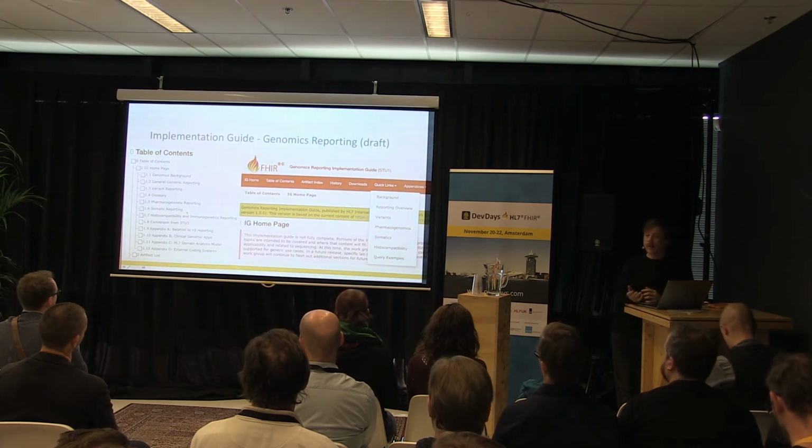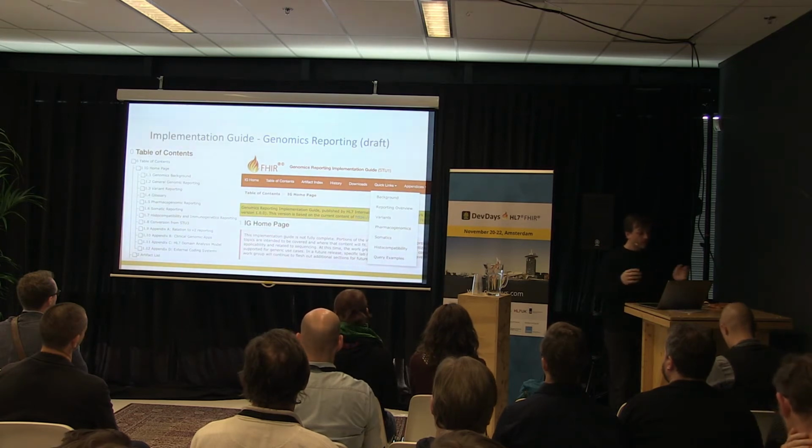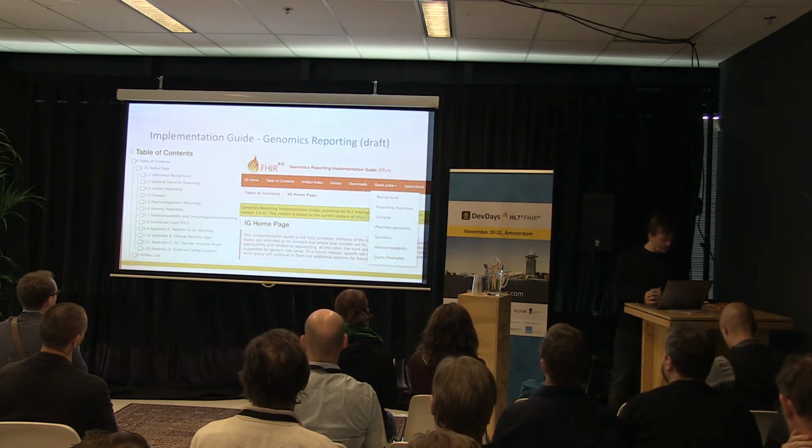Pharmacogenomic reporting, somatic reporting for the cancer oncology space. Histocompatibility, conversion from version 2, I think that's gone for now. A relation to version 2, etc. Just have a look.